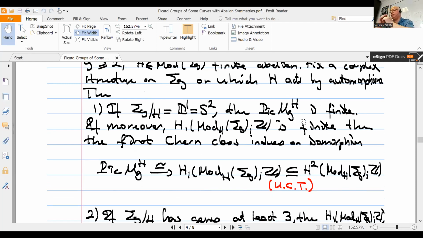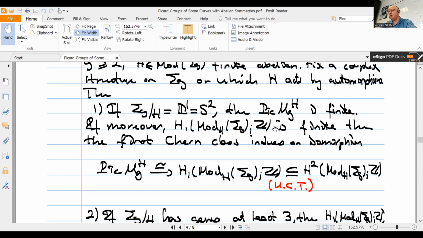Here, as I said, the Picard group should be considered as the set of line bundles on the Riemann surface, but these line bundles are preserved by the action of the finite abelian group H. Okay, so they are kind of equivariant line bundles. It turns out that this Picard group is finite. In general, Picard groups are infinite abelian groups, but in this case, it is finite.